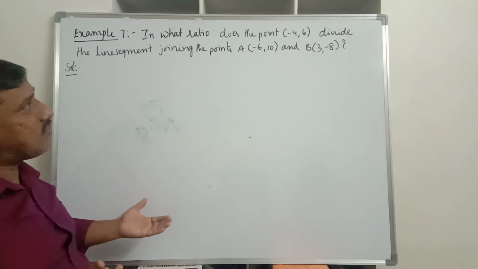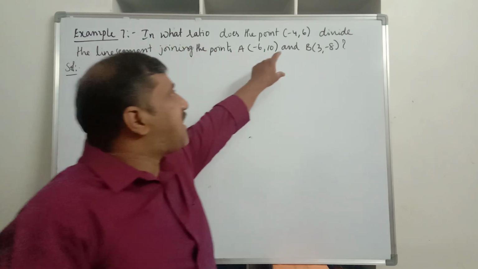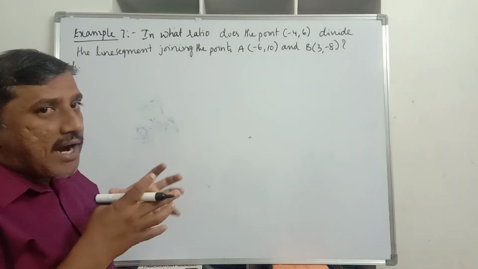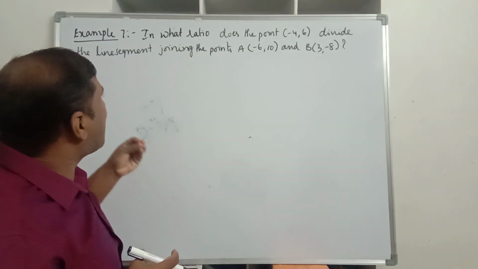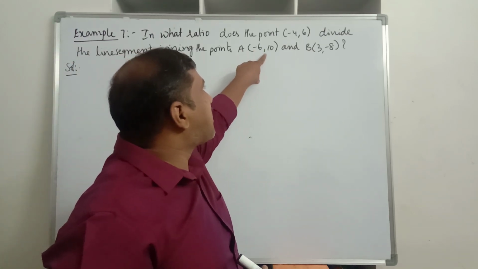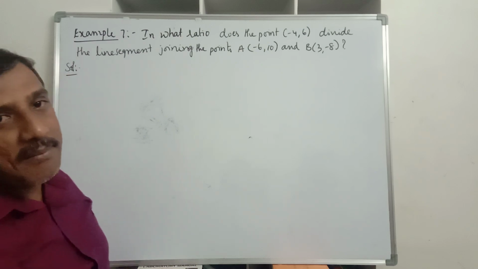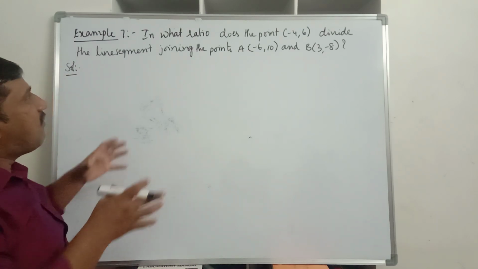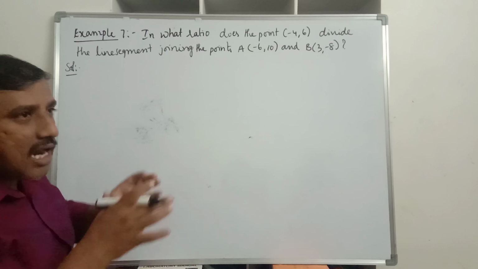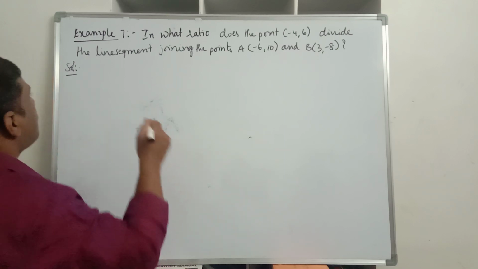That ratio we have to find, and the point which divides is given as (-4, 6). By joining the 2 points we will get a line segment AB. The 2 points are A(-6, 10) and B(3, -8). We will find the ratio by using the section formula. Now we will solve how to find the ratio.